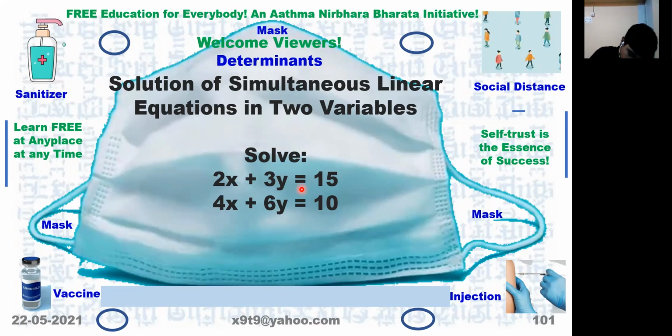Correct. Sir, it says x is equal to delta x by delta, which is 60 by 0, sir.